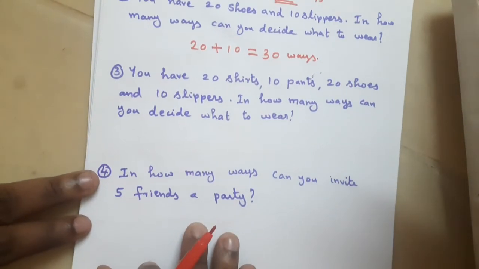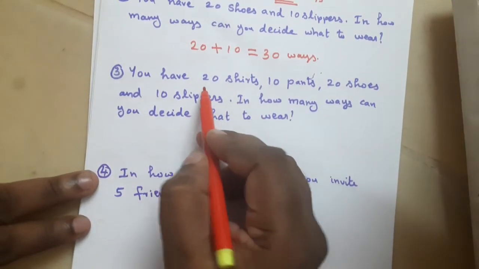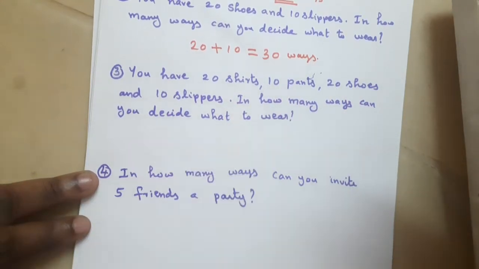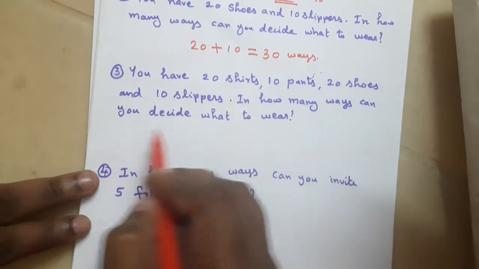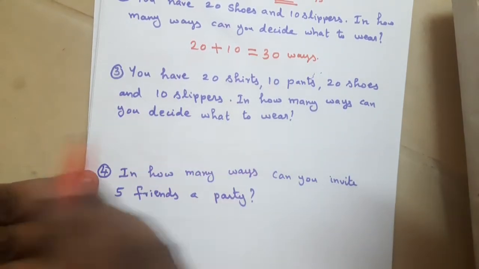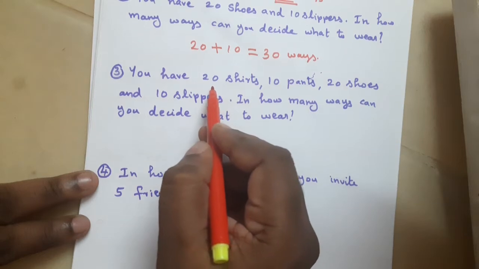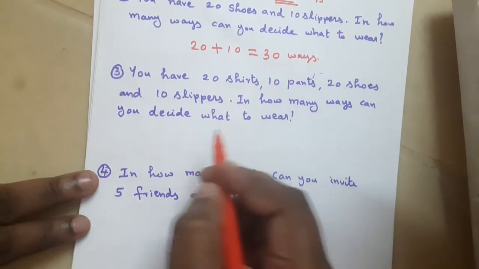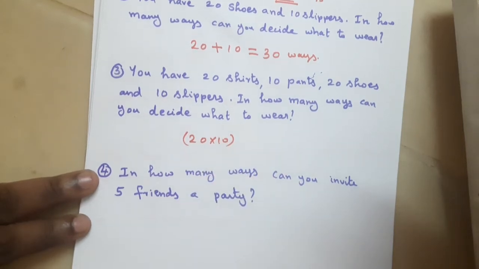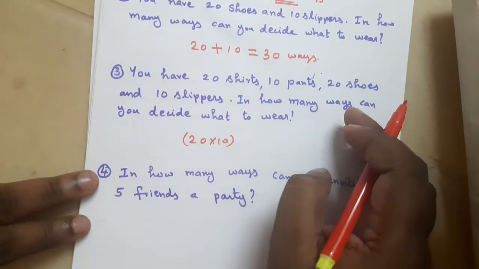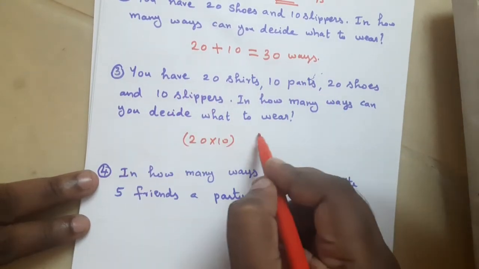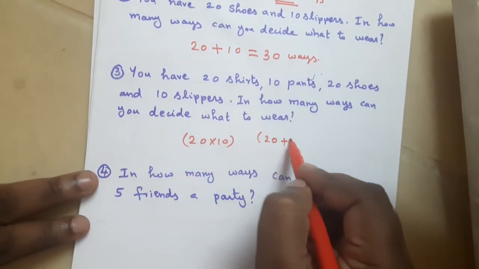In the third question, you have 20 shirts, 10 pants, 20 shoes and 10 slippers. In how many ways can you decide what to wear? Suppose we can wear shirts and pants, so 20 into 10. And we can wear shoes or slippers, so 20 plus 10.